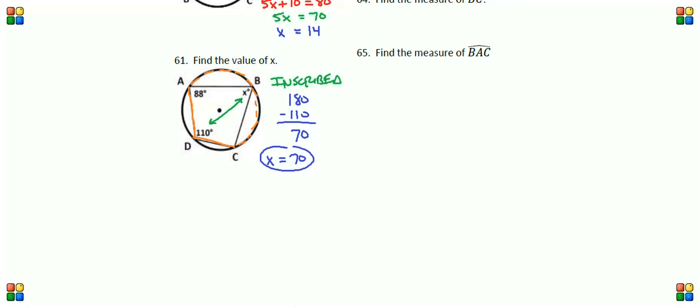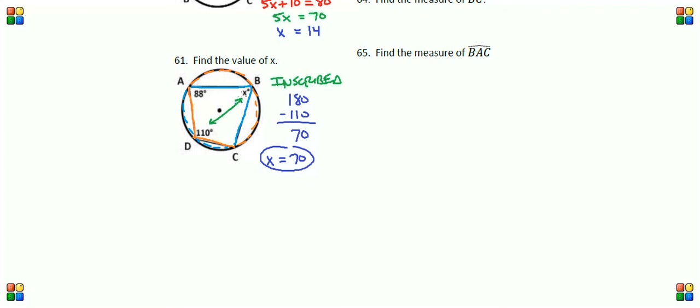And then if you also look at inscribed angle ABC, that intercepts arc ADC. Now take a look at these two inscribed angles. ADC intercepts arc ABC, and angle ABC intercepts arc ADC.